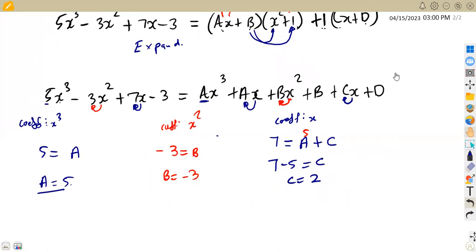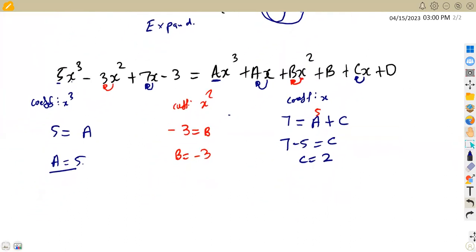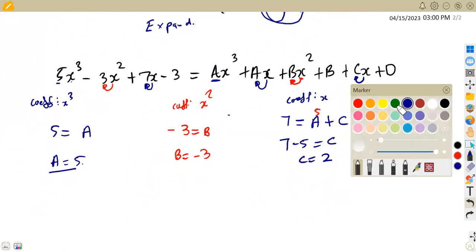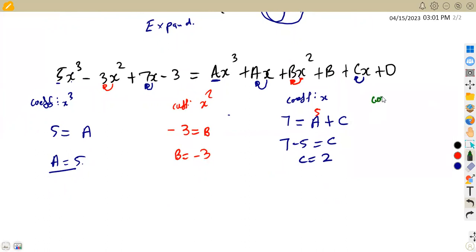So we can now determine the value of d by equating the constants alone. Working with the constants, on the left-hand side the constant is -3, which is equal to, on the right-hand side, b and d. So this is going to be b plus d.